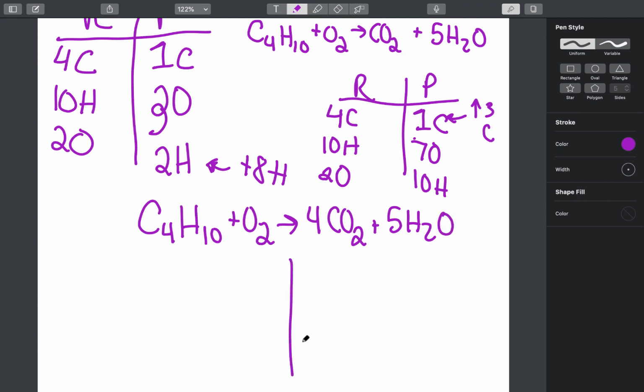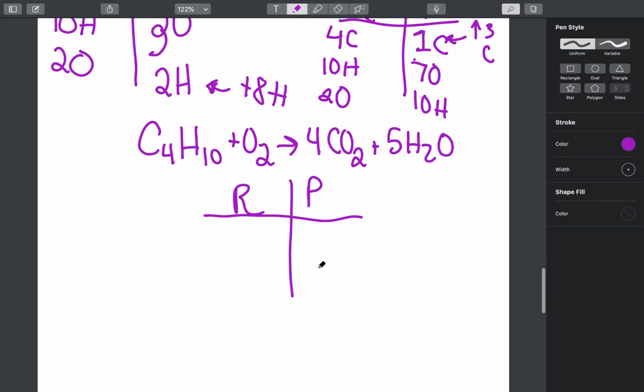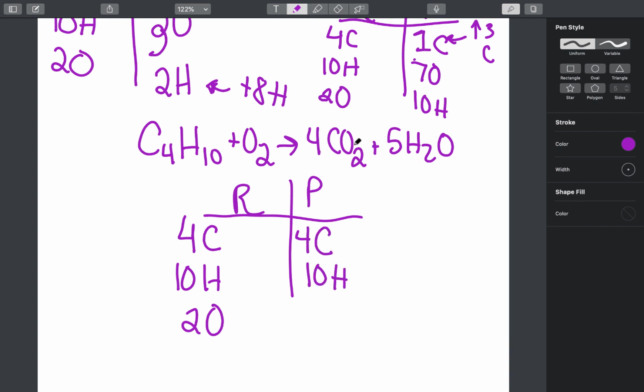Okay, so now let's write our reactants and products table. So our reactants, we have 4 carbons, 10 hydrogens, and 2 oxygens. Here we have 4 carbons, 10 hydrogens, and we have 8 oxygens from the CO2 and 5 from the H2O. Therefore, we get 9 oxygens.